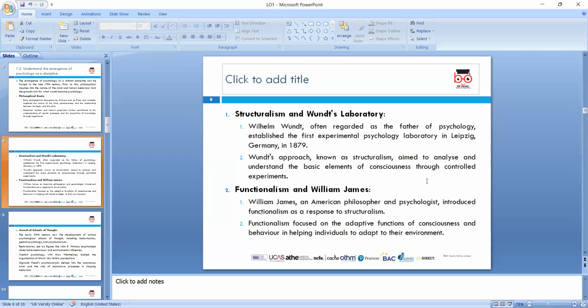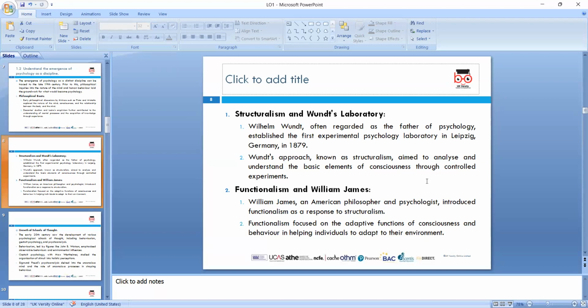Wundt's approach, known as structuralism, was all about understanding the structure. It aimed to analyze and understand the basic elements of consciousness through controlled experiments.